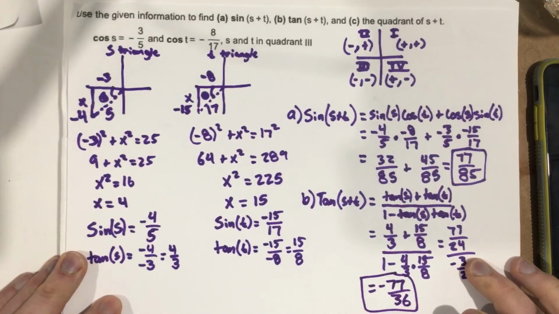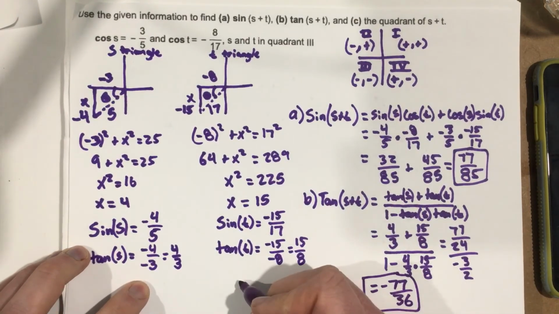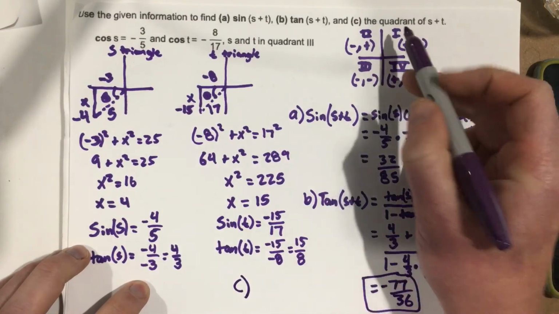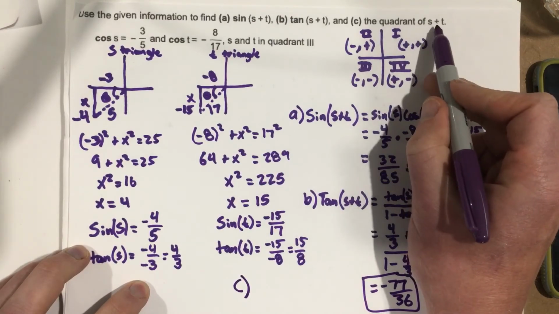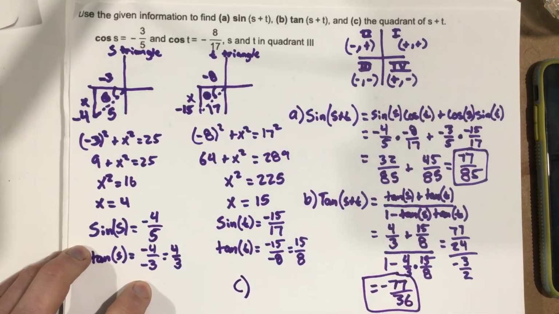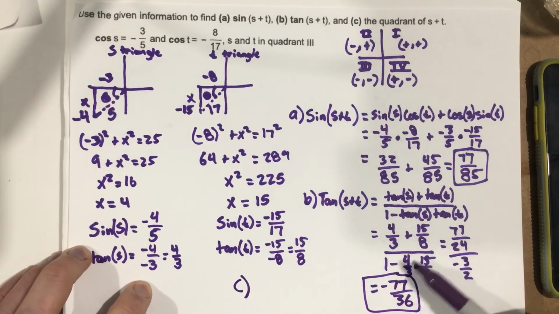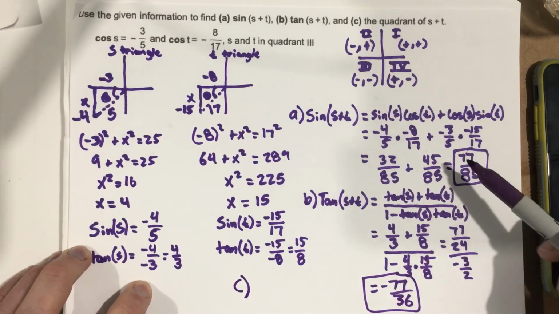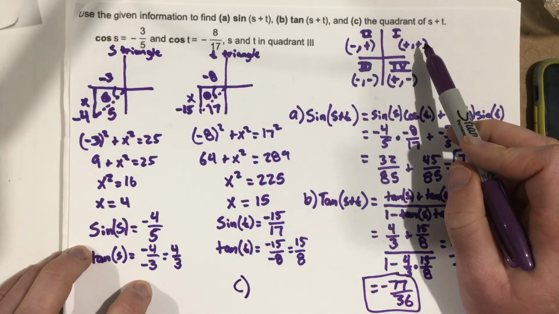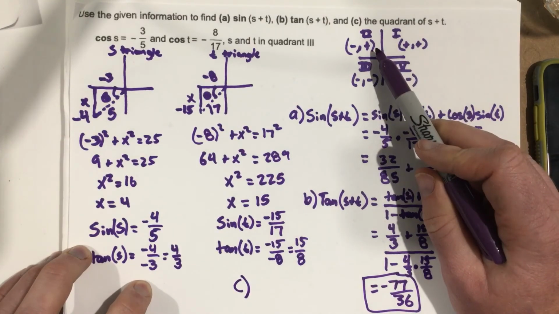Our last question they ask us for is part C, and I'm just going to write part C right here. What quadrant is s plus t in? Well, sine is positive here and tangent is negative. Where's sine positive? Sine's positive in quadrants 1 and 2.